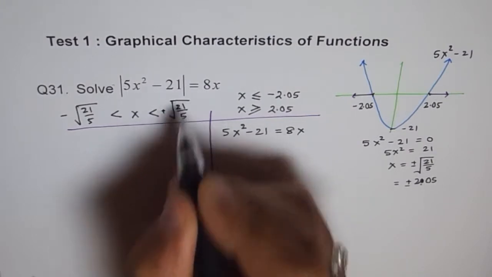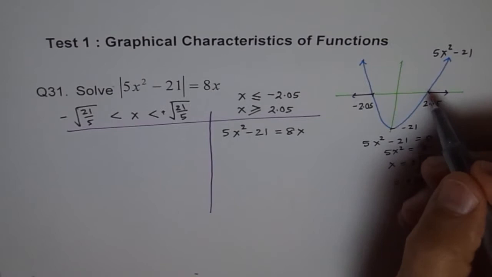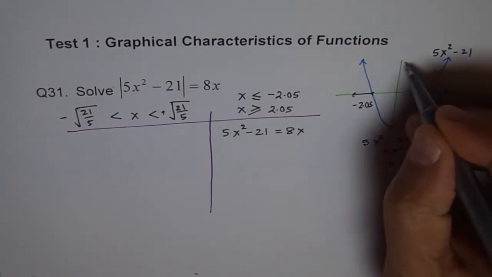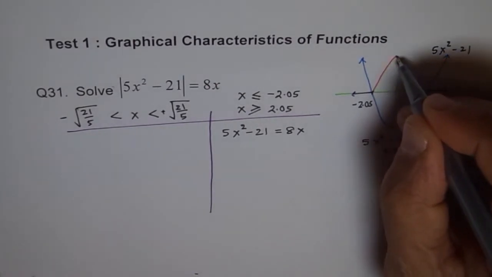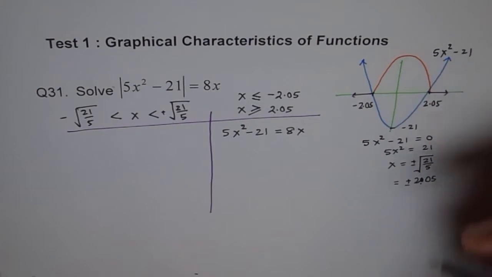Then what happens? Then our absolute function will be, not reciprocal, it will be the negative of this. So it will be kind of like that. Do you understand? This gets reflected, minus of x.